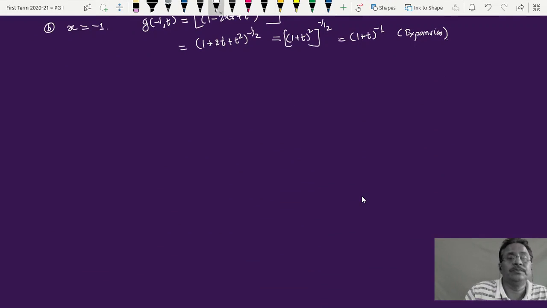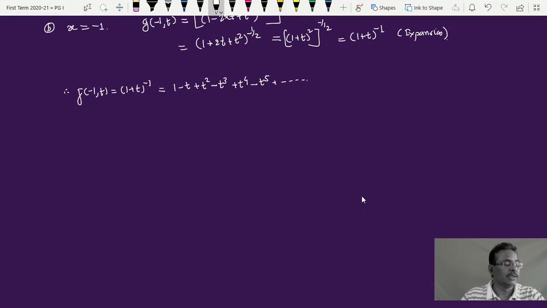So g of minus 1 and t is equal to (1 plus t) raised to minus 1. This expansion gives me, can anyone tell me, all odd terms will be negative. So 1 minus t plus t square minus t cube plus t raised to 4 minus t raised to 5 and so on. This is the expansion of (1 plus t) raised to minus 1.